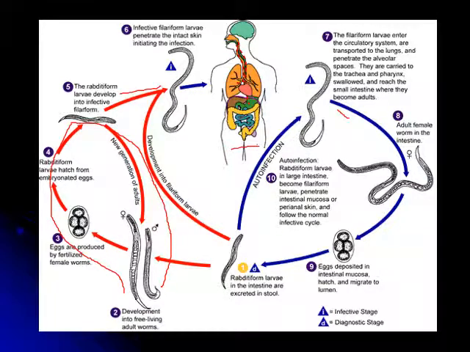Here, the filariform larvae enter the circulatory system and are transported to the lung, and then they penetrate the alveoli and are carried to the trachea, pharynx, swallowed to the esophagus and the duodenum, where they become adults.